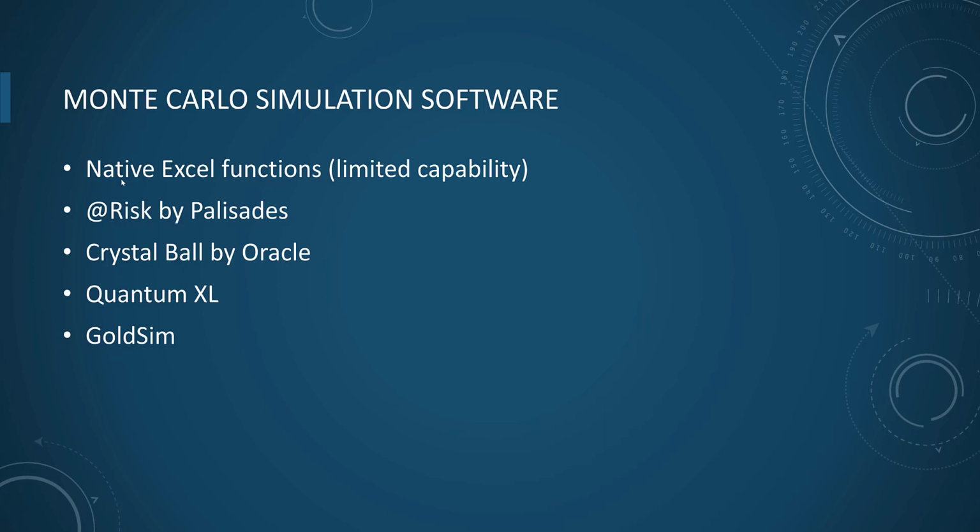We will see some examples of that. Or you can use one of the simulation software platforms that are available, and there are many of them, and I have just listed a few here. We will be using @Risk by Palisade. That's what we're going to be using for this class for Monte Carlo simulation.